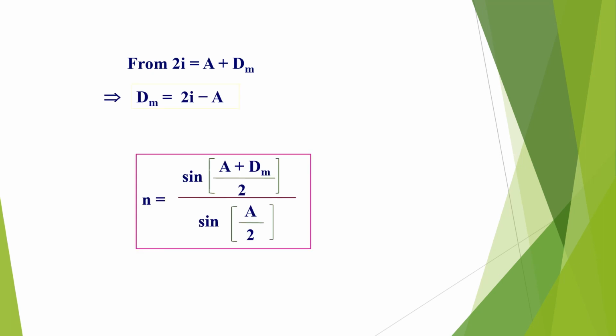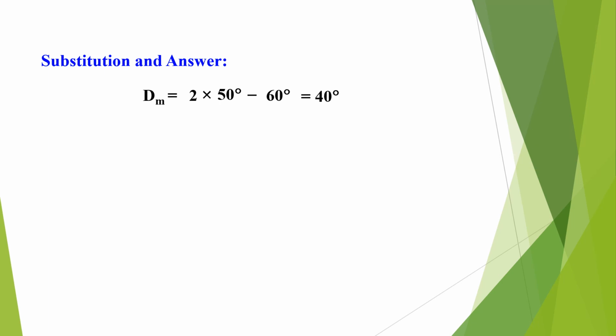We are using the formula here, 2I is equal to A plus dm. By this, dm can be determined as 2I minus A. And by using the refractive index of the prism formula, that is sine of A plus dm divided by 2 divided by sine A by 2. By substituting, dm value will become 2 into 50 degree minus 60 degree.